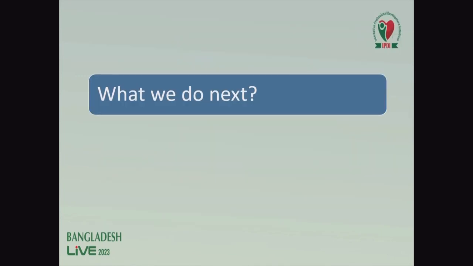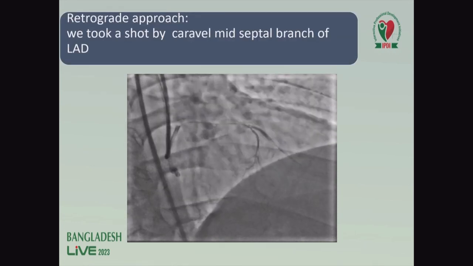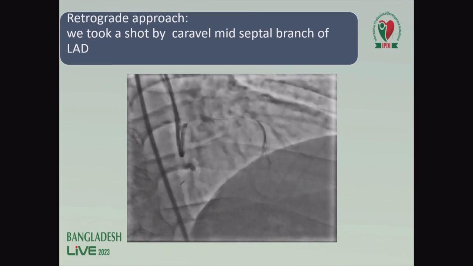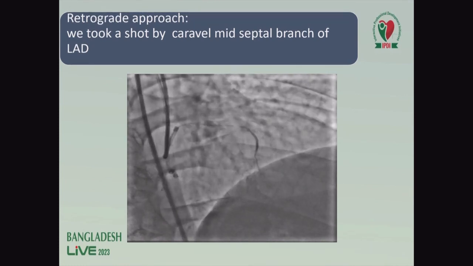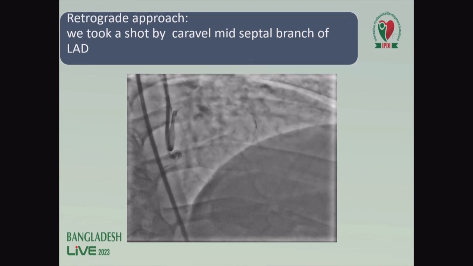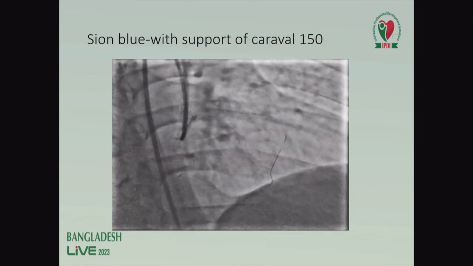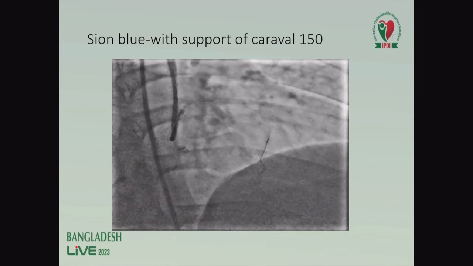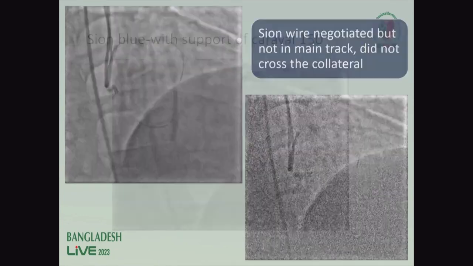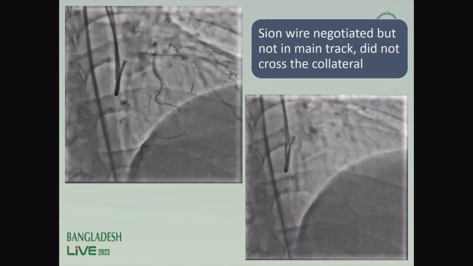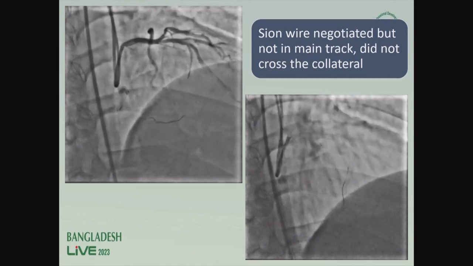As the antegrade approach is not possible, we proceeded to the retrograde approach. We took a shot by Corsair of the mid septal branch of LAD. There is a good collateral, and we took Sion Blue with the support of Corsair. The Sion was negotiated but not in the main track, and did not cross the collateral.